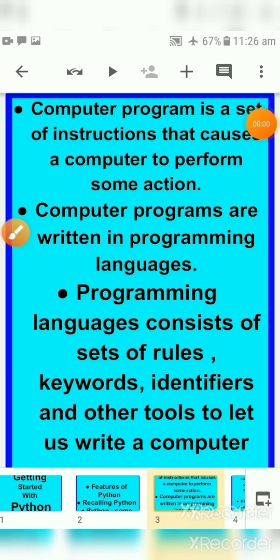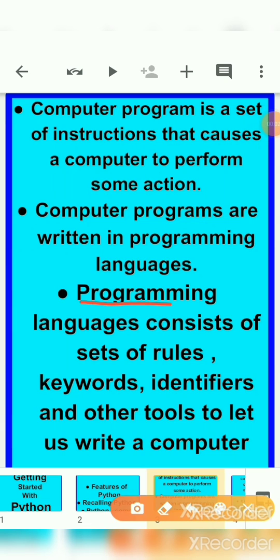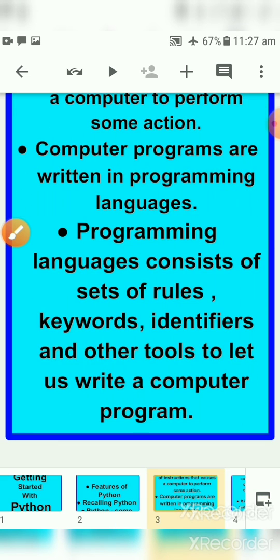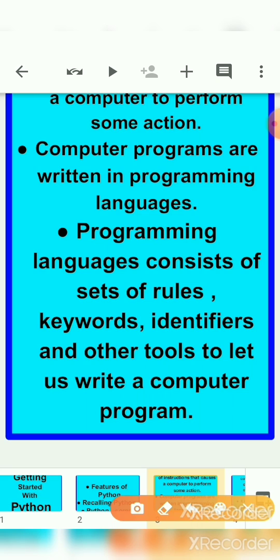Now children, programming languages consist of a set of rules and regulations, keywords, identifiers and other tools to let us write a computer program. See children, like the English language, when we talk English, what do we need to take care about? Grammar.